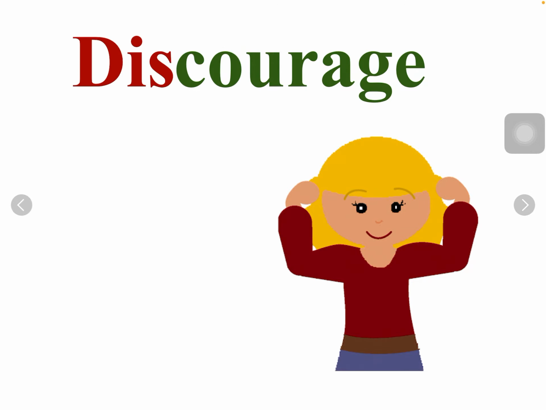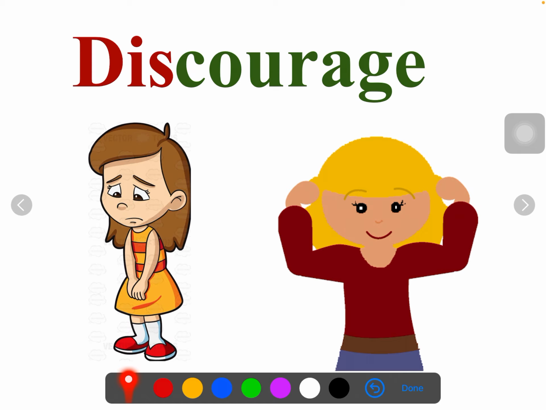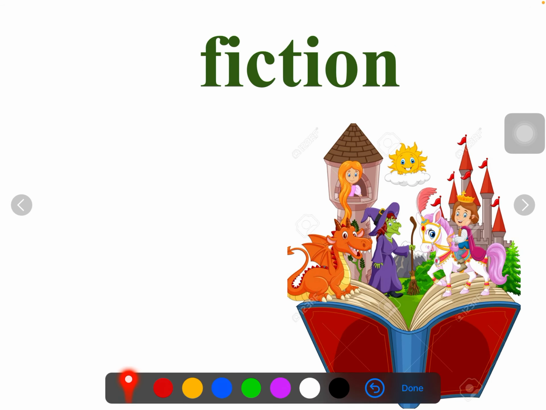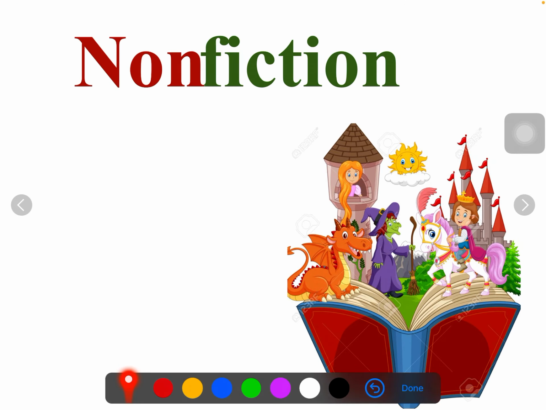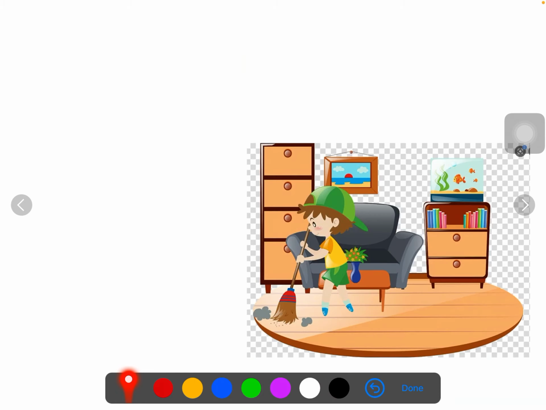Adding the prefix dis, discourage means the opposite, to be upset, to be disappointed, and so on. Fiction means imaginary story, not real story. So this is what we mean by fiction. By adding the prefix, non-fiction means real story. It's the opposite of fiction.